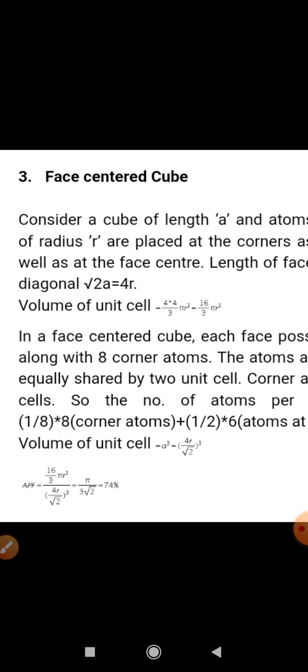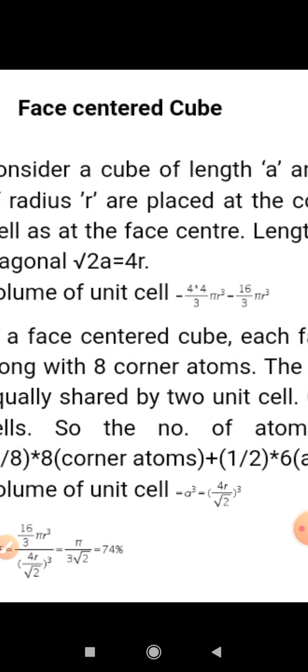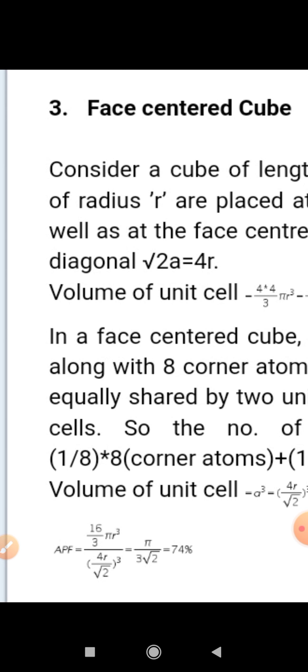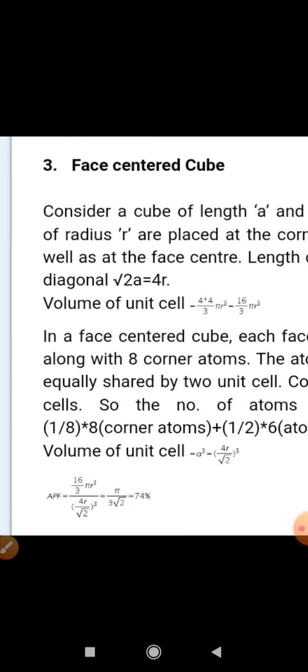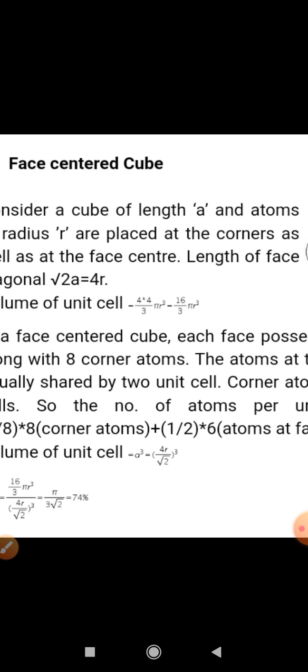Therefore, volume of atoms in the unit cell will be 4 into 4 pi r cube divided by 3 equal to 16 by 3 pi r cube. And volume of the unit cell equal to A cube.